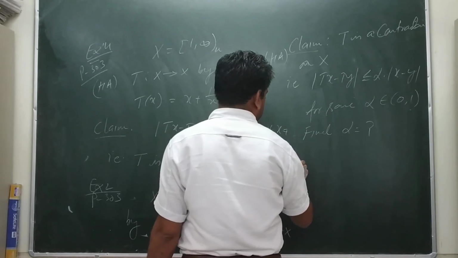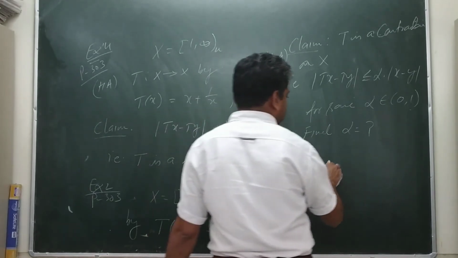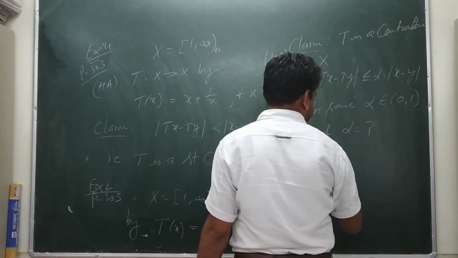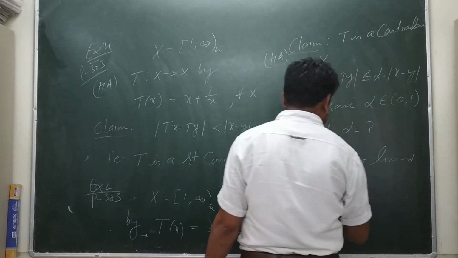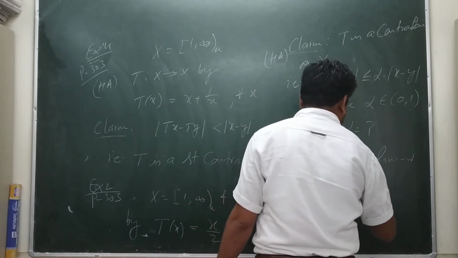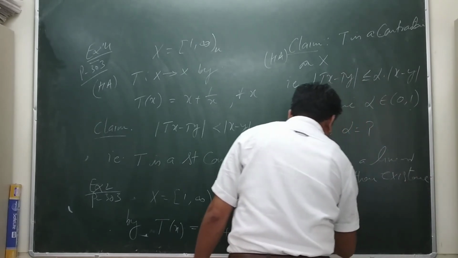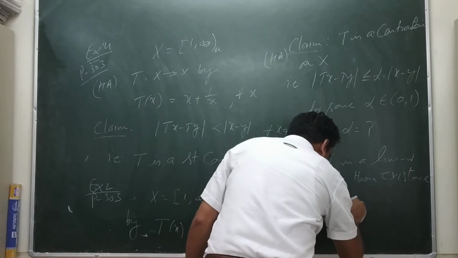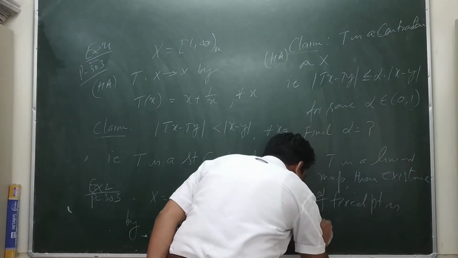This is my simple exercise. If T is a linear map, then the existence of a fixed point is trivial.